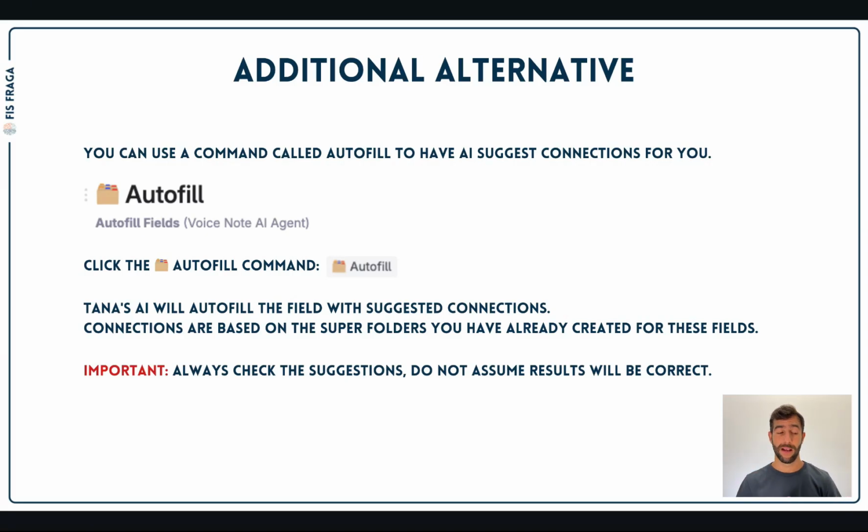Here I like to make this disclaimer that it's super important to check the suggestions and not assume that they will be 100% correct. I would always recommend a human intervention after these suggestions are made, so that you are the one responsible for the final say, and so that things are not misconnected inside your Tana.